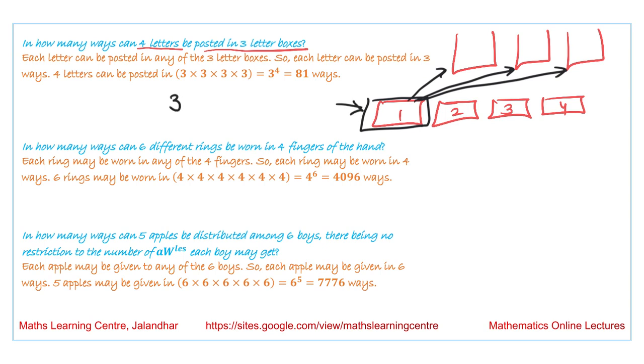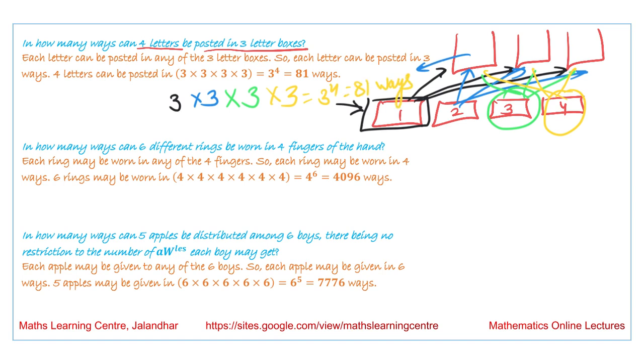Similarly, the second letter can be posted in any of these 3, so the number of ways is again 3. The third letter can be posted in any of these 3, so the number of ways is 3. And the last, fourth letter can be posted in any of these 3. So it is 3 raised to the power 4, that is equal to 81 ways.